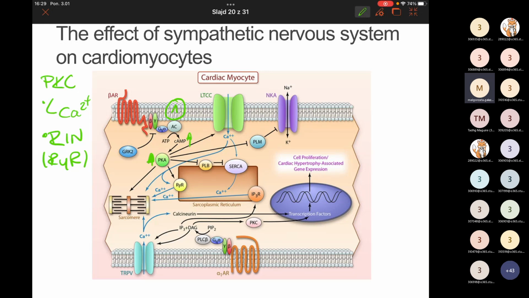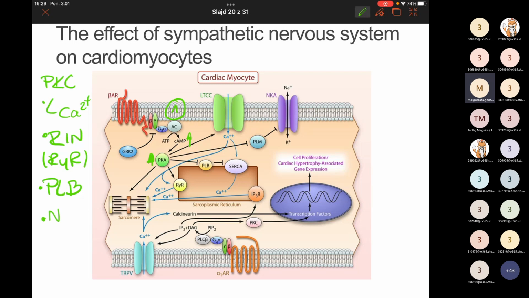Okay. Furthermore, protein kinase A phosphorylates phospholamban (PLB), which after phosphorylation dissociates from SERCA. It dissociates from SERCA, and the activity of SERCA increases, which results in the faster removal of calcium ions from the cell.